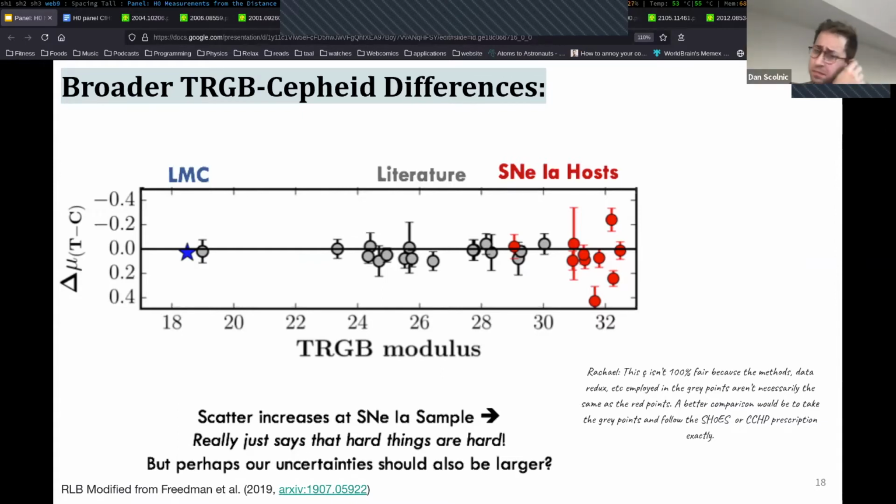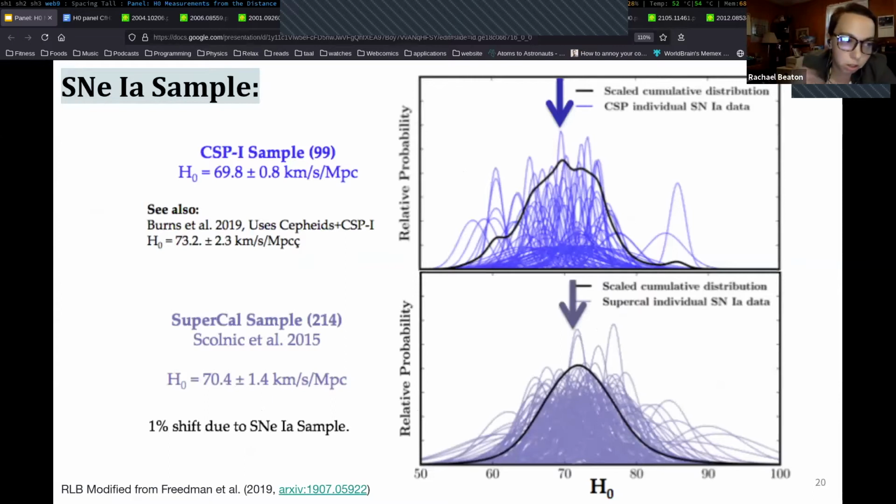Slide 20. So we use different methods. We have different pipelines, different people, obviously. But we also have different supernova samples. CCHP uses the CSP sample, the Carnegie Supernova Project, which has been a long-range project at the Las Campanas observatories. And Riess et al. use Dan's SuperCal sample. I think it's okay to call it Dan's sample?